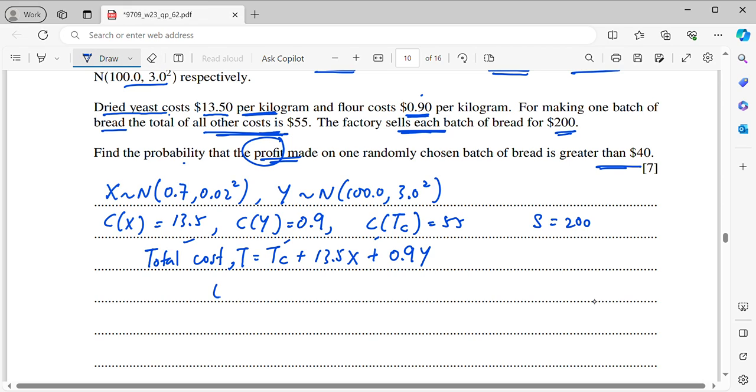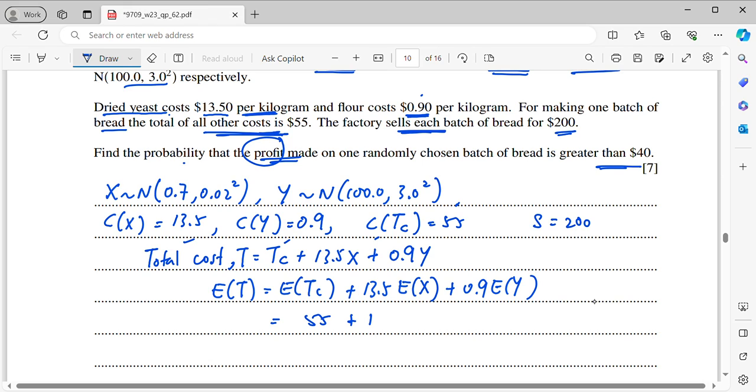Then now from here, my expected T will be expected TC plus 13.5 expected X plus 0.9 expected Y. Okay, so from here, it will be expected TC. TC is fixed, 55.